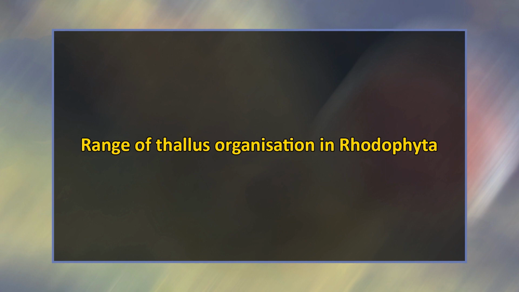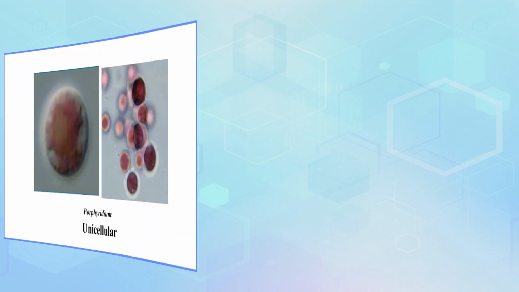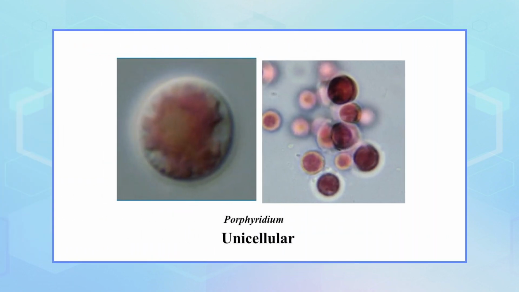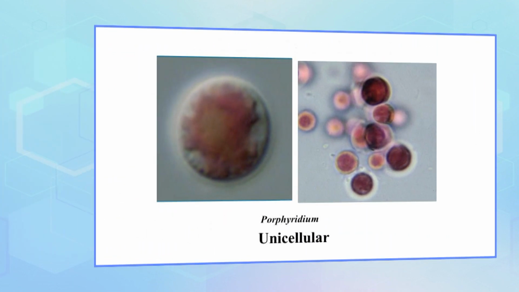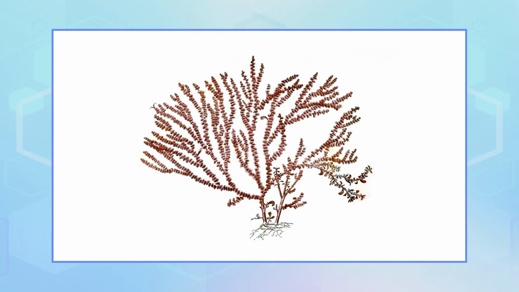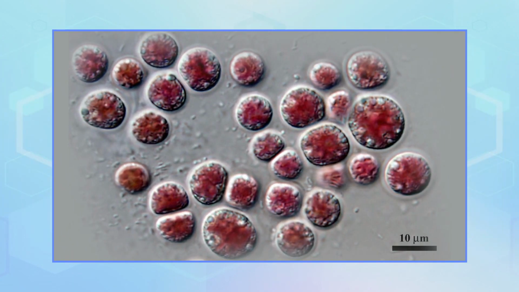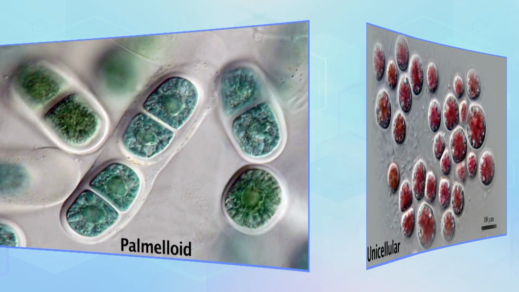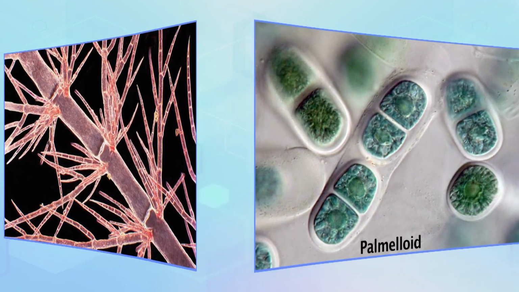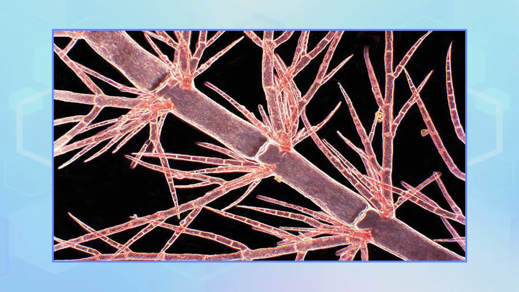Now let us discuss the range of thallus organization in Rhodophyta. The thallus structure in Rhodophyta ranges from relatively simple to multiaxial forms. Species of Bangiophycidae are unicellular, palmelloid, or simple or branched filaments, and never show aggregation of filaments into pseudoparenchymatous structure as is characteristic of the Florideophycidae.